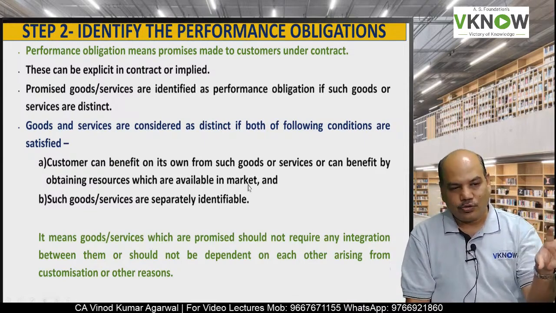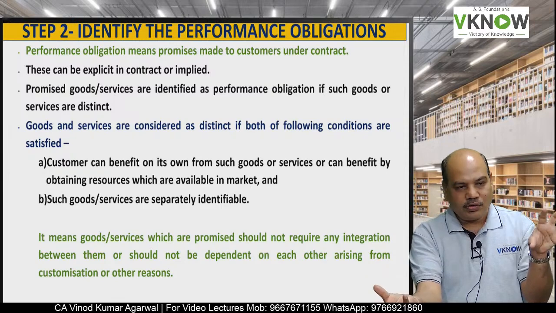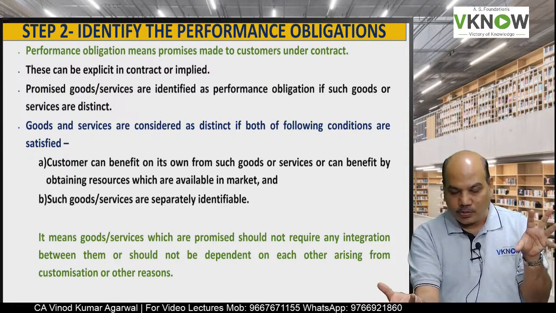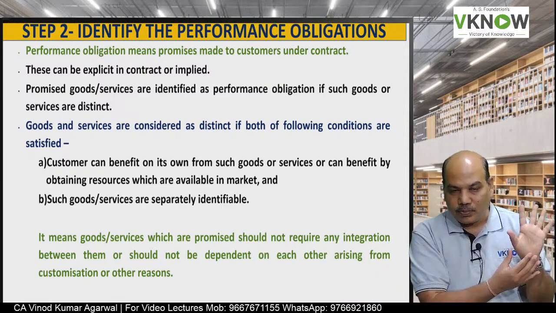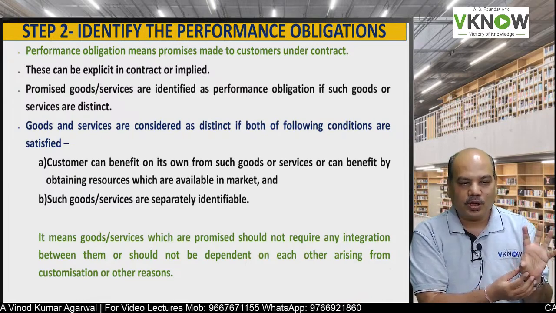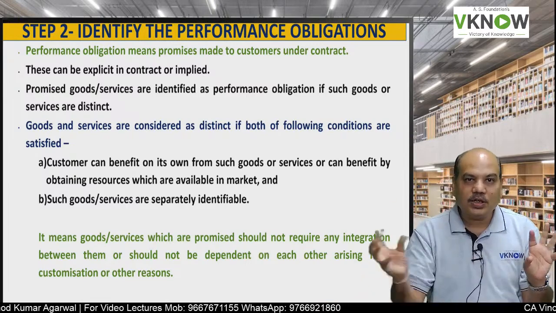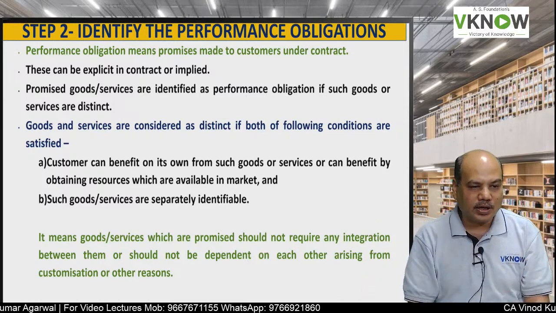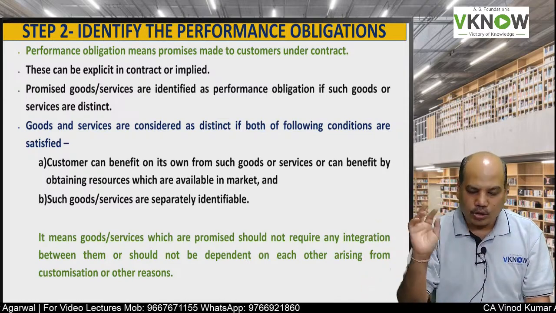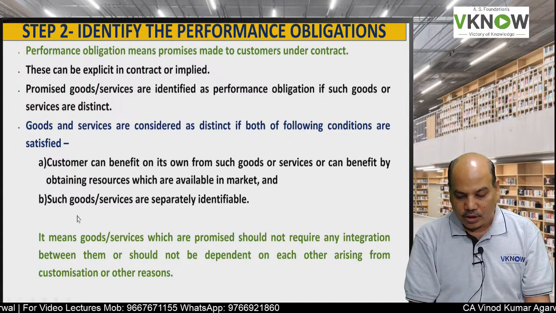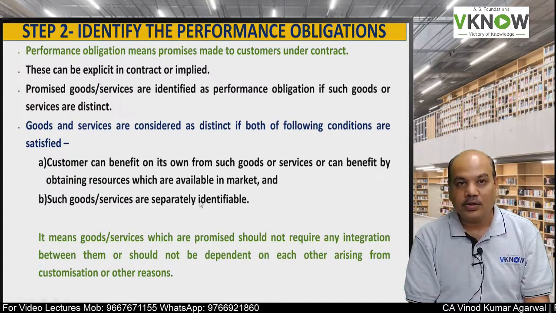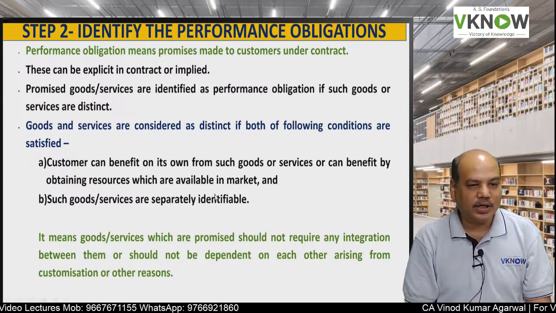So a computer is sold and a printer is also sold. So there are two performance obligations because the customer can benefit from the computer, and if he wants he can easily buy a printer from the market. So in this case we will call there are two performance obligations, and such goods and services are separately identifiable.